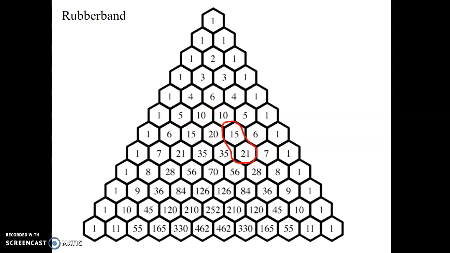You get 36, 6 squared, that's 49, 64, what's next? 81, and then 100. That's 10 squared. So you have these pairs diagonally of perfect squares.